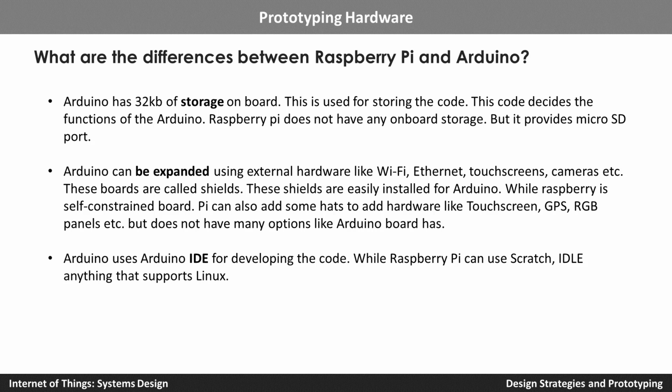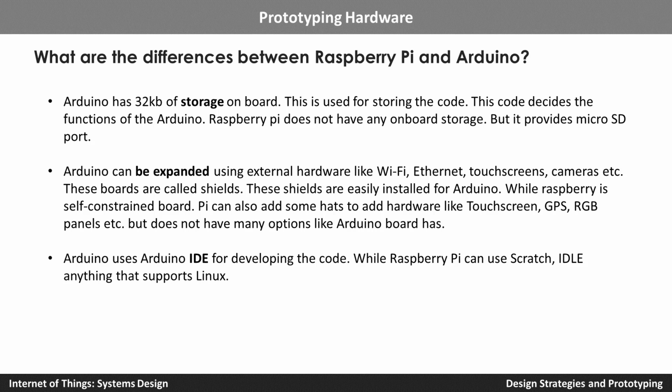However, the Arduino ecosystem is much more mature and strongly supported, so there are a lot more different components for Arduino than Raspberry Pi. For development, Arduino uses the Arduino IDE, even though there are some other up-and-coming IDEs as well. For Raspberry Pi, you typically use Scratch or IDLE or anything that supports Linux.